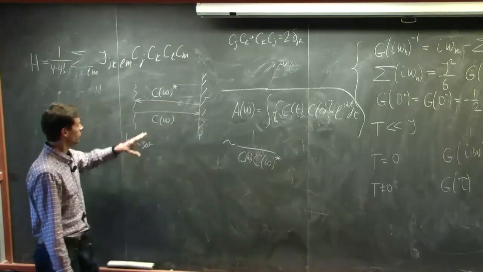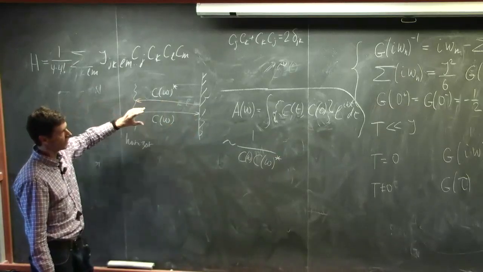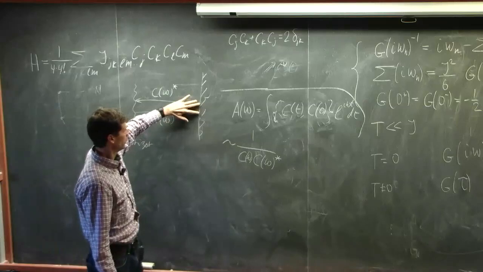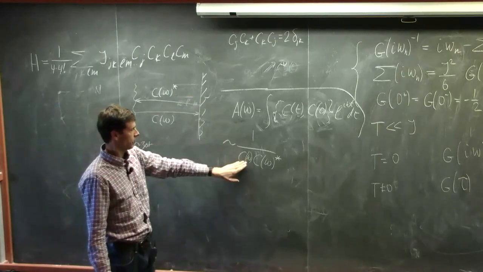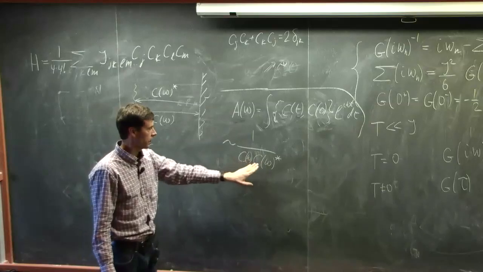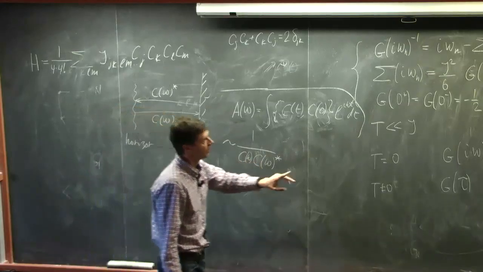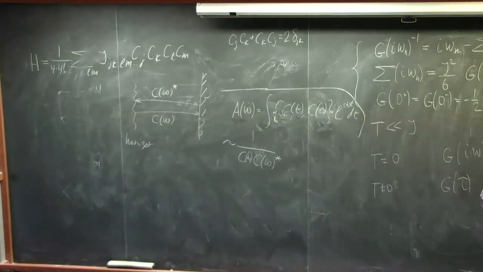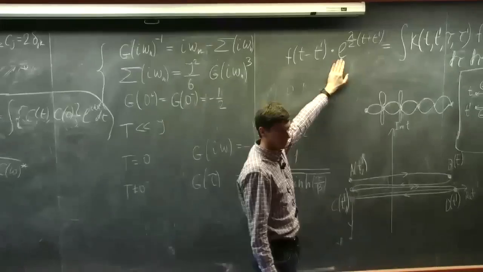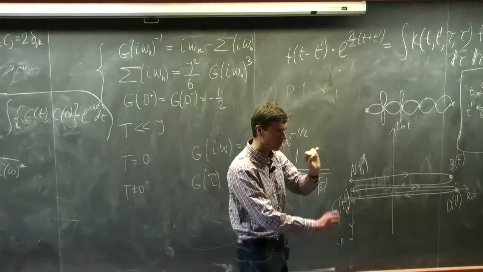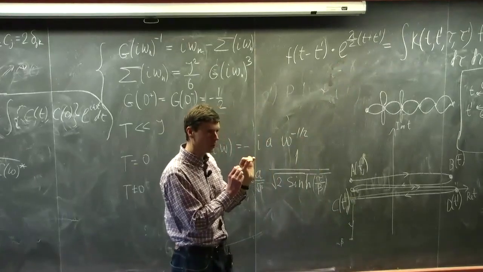What we have to do to find the solution, we take the correlator at the boundary, split it into C omega and C omega star, and then we need to include this exponentially growing factor, which on the horizon is very simple. It's just multiplying by this exponential, because on the horizon the fields are local.